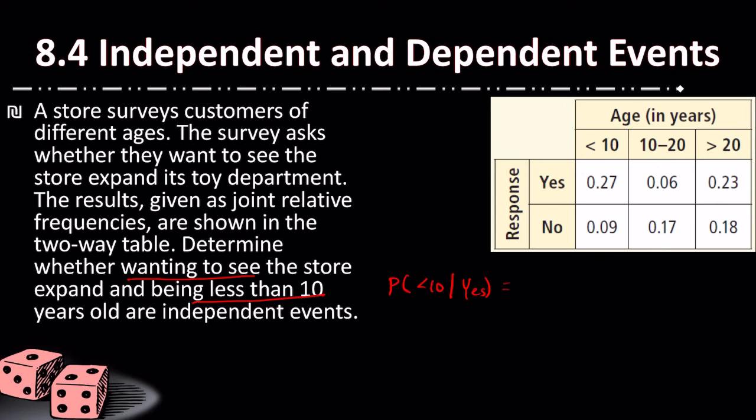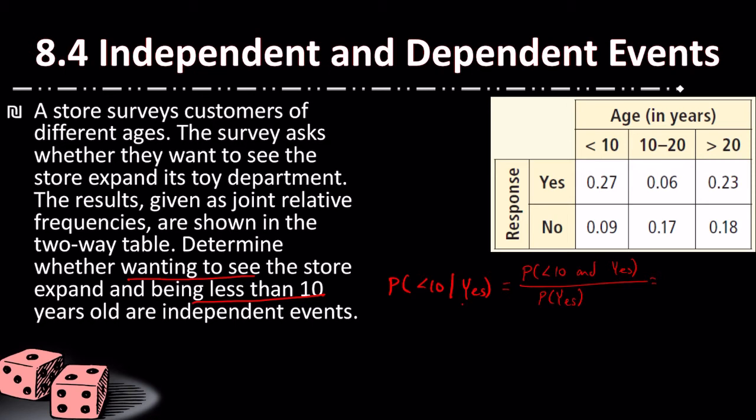All right, so how do we do this? This would be the same as the probability we're less than 10 and a yes, divided by the probability of yes. Remember, it's the conditional probability. It's the and on both of them on top and just the second one on the bottom.